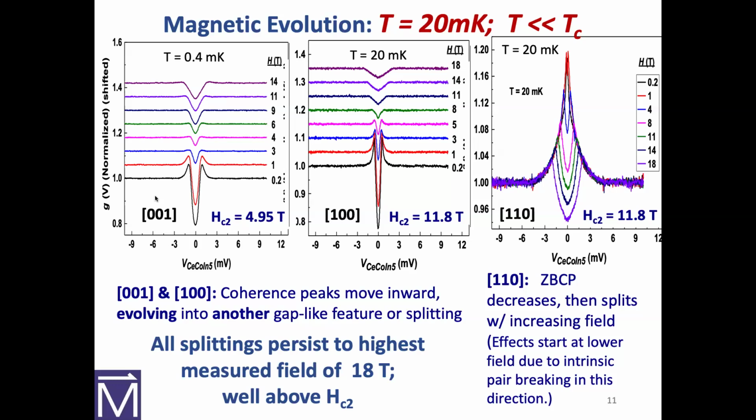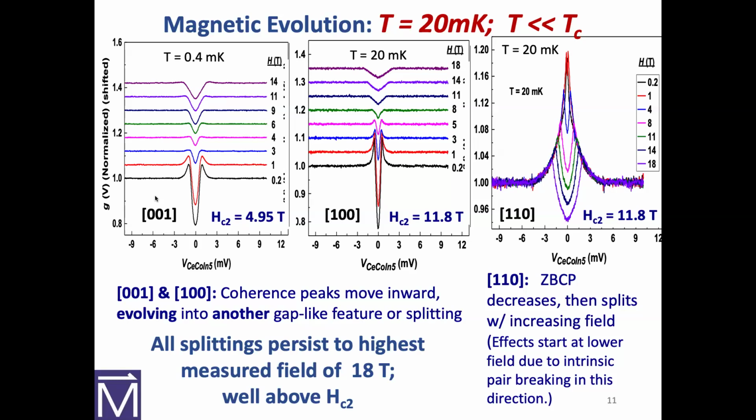And now you crank up the field, and as you would expect, you start losing the gap. So if you look at 1 Tesla, it's weaker. 3 Tesla, by then you've wiped out the density of states peaks. 4 Tesla, 6 Tesla. By 6 Tesla, there's no more superconductivity in the problem. Yet we see this V-shaped structure.